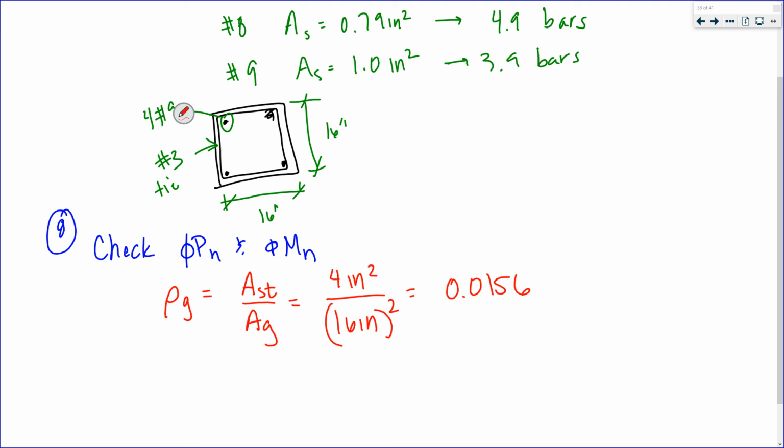Our gamma is 16 inches minus 2 times 1.5 inches of cover, minus 2 times 3/8 of an inch stirrup, minus 2 times 1/2 inch of a number 9.